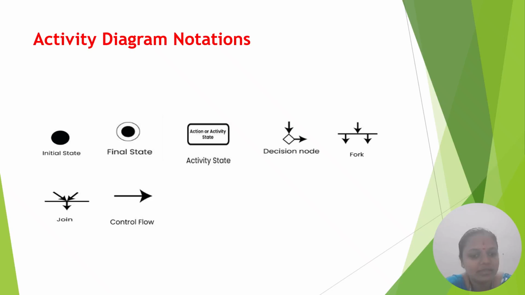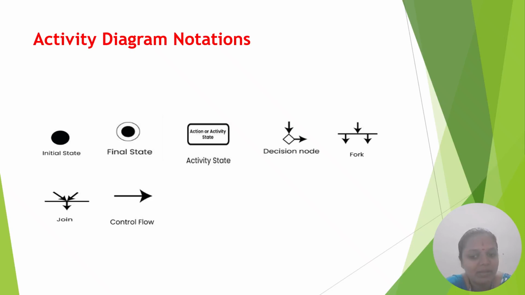The next one is decision node. A decision node in an activity diagram helps to show choice or conditions within a process. It is used when the workflow can flow along different paths based on a decision or condition. In simple terms, a decision node represents a point where the system or user must make a choice.